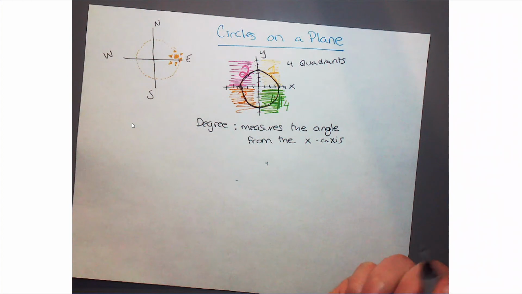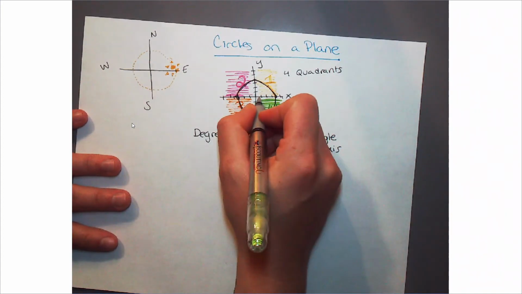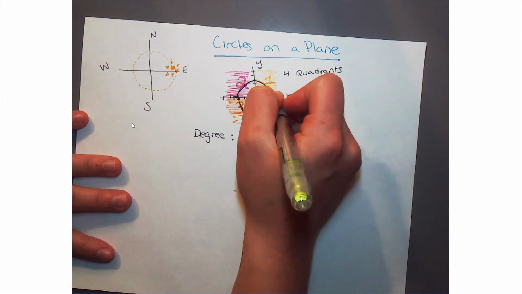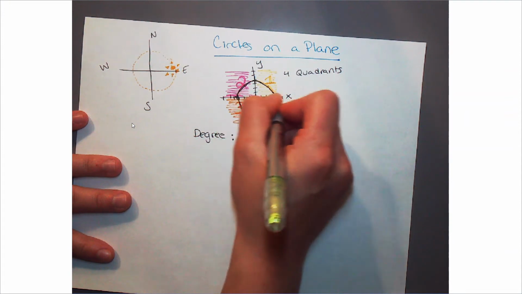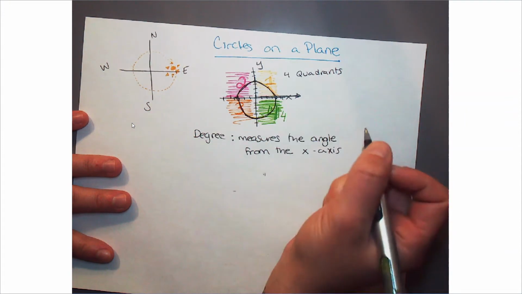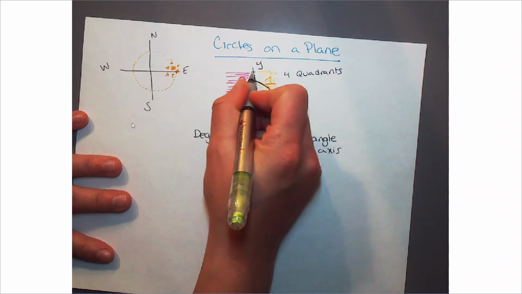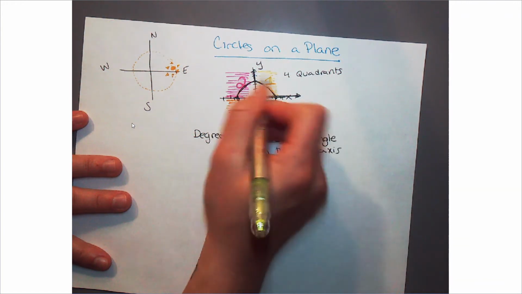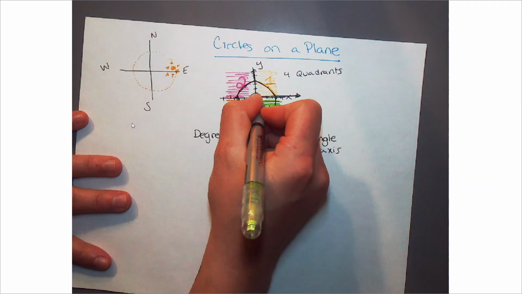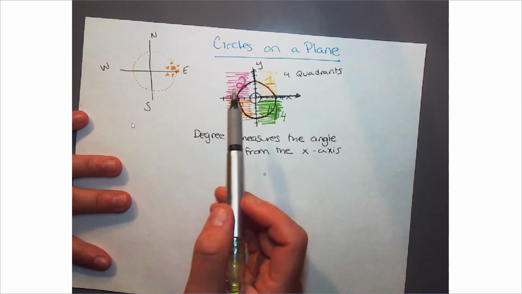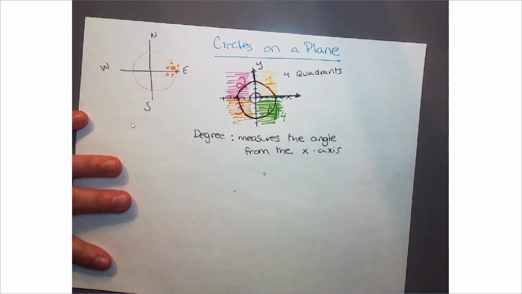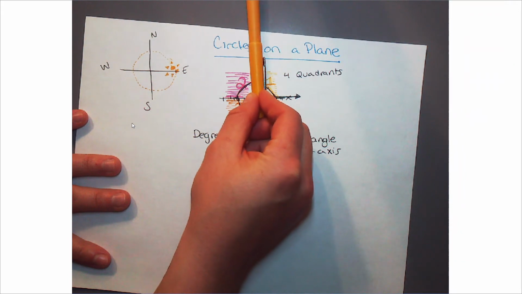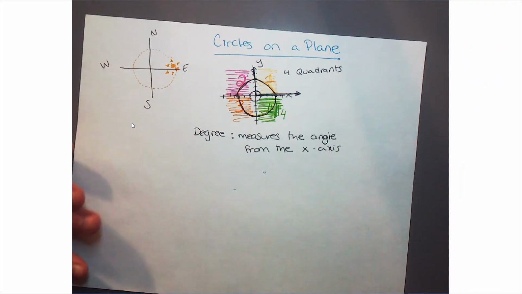It doesn't matter how big the circle is. If I were to travel 90 degrees, that would land me right here, whether it's my circle of radius 4 or a circle of radius 1. Degrees let us know how far we've traveled without being restricted to the length of a radius. So 90 degrees would be right there, regardless of what the radius is. It measures the angle from the x-axis.